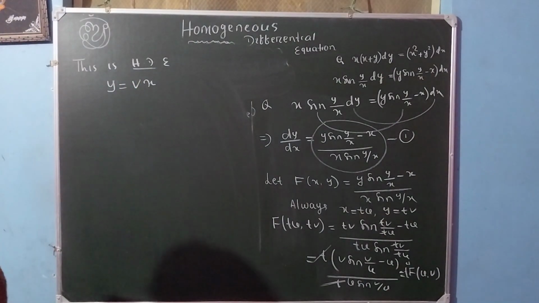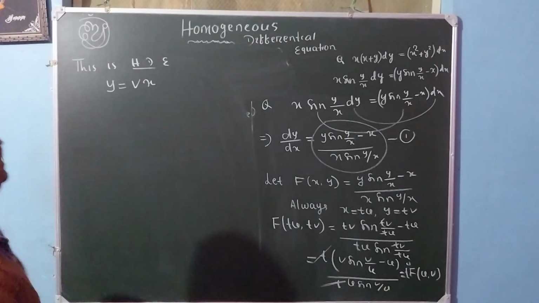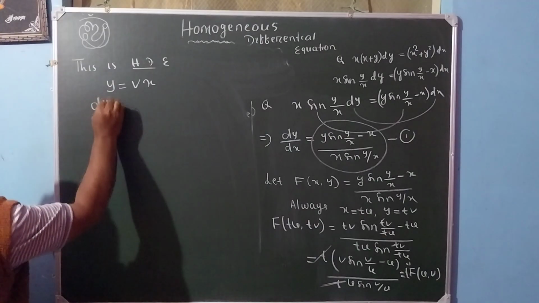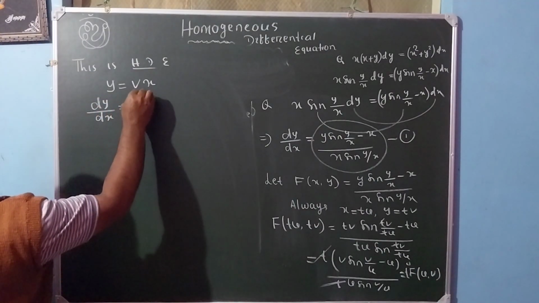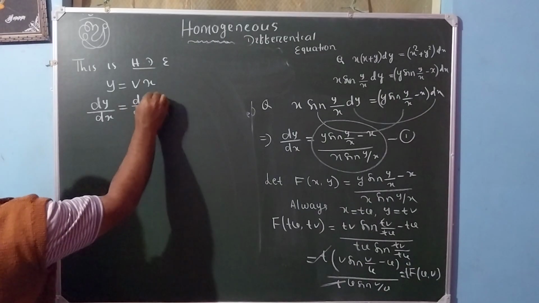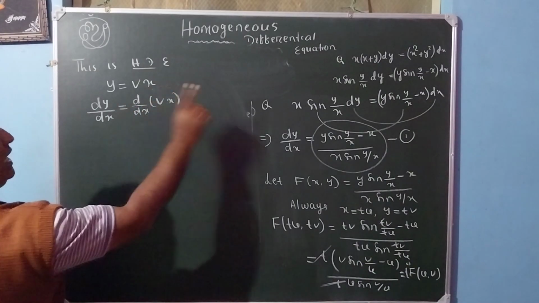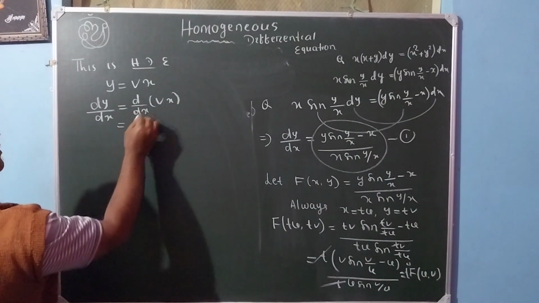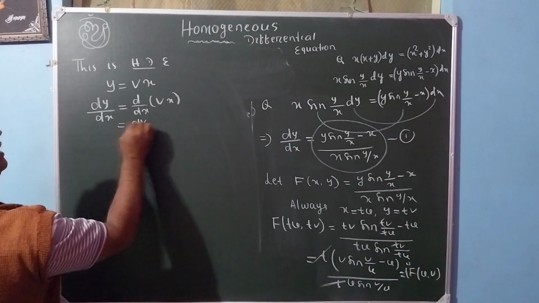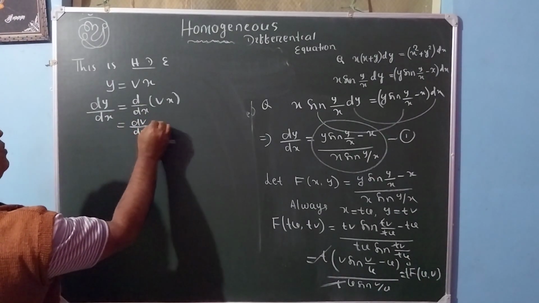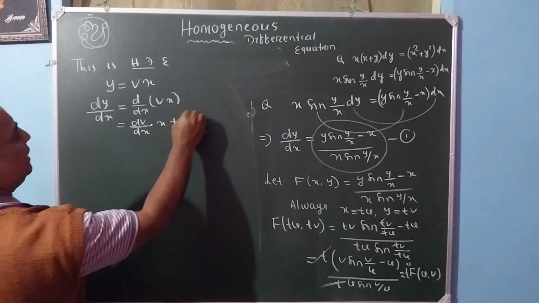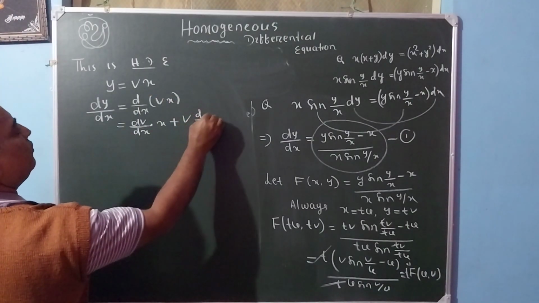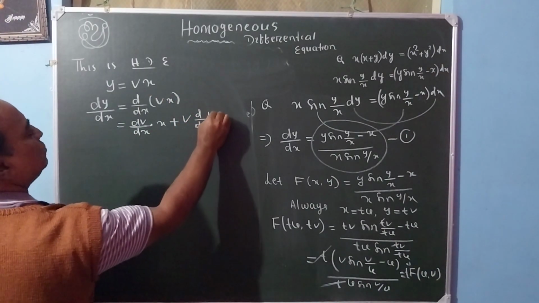Then differentiating on both sides with respect to x, dy by dx is equal to d by dx of vx. Applying the product formula, dv by dx into x plus v, derivative of x is 1.